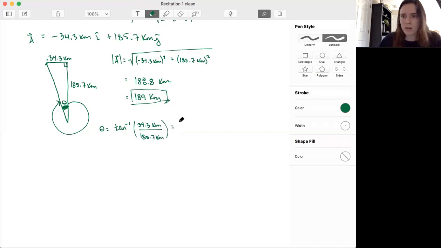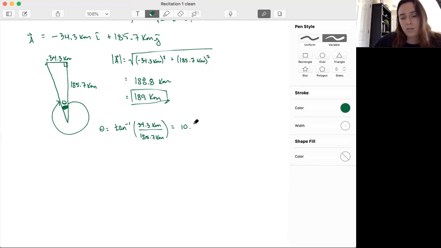So typically when I do this, I ignore the signs and I add the signs in later because your calculator can't tell the difference between quadrant 3 and quadrant 1. So if we do it without signs, that tells me that that angle is 10.46.